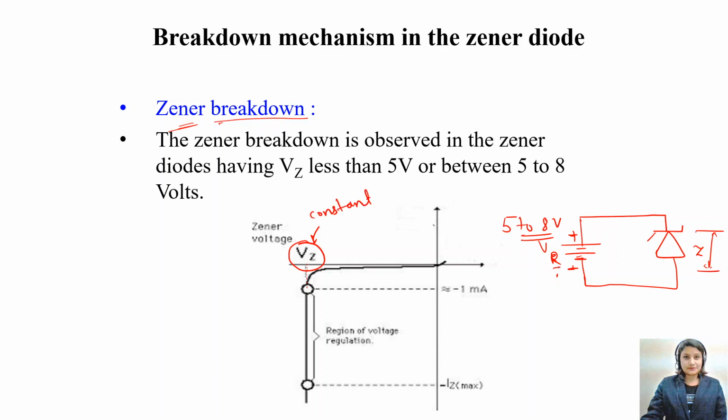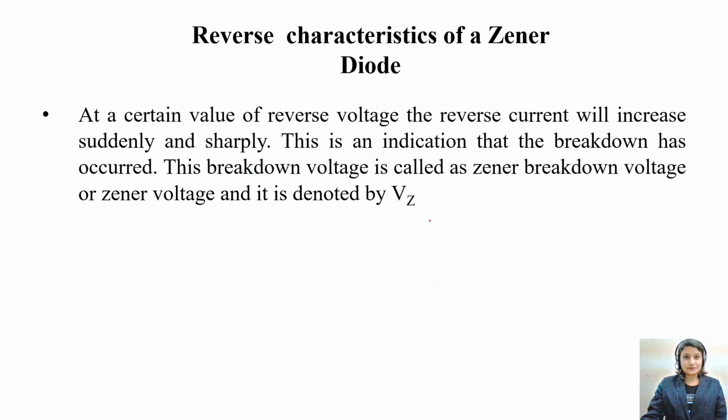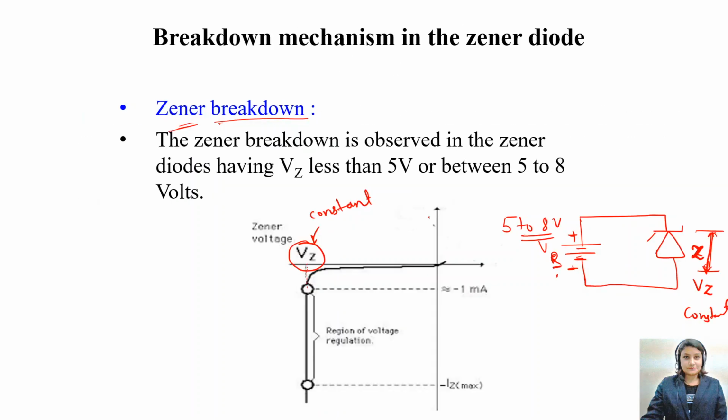You apply the reverse voltage in such a way that the voltage in Zener, we call it as Vz, it remains constant irrespective of the change in the current, right?